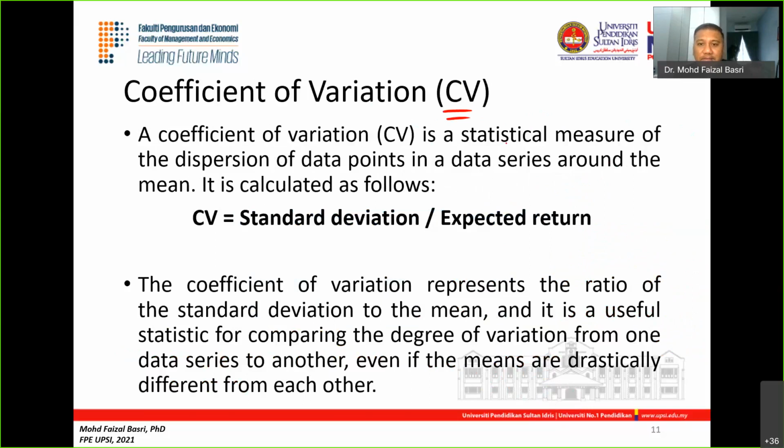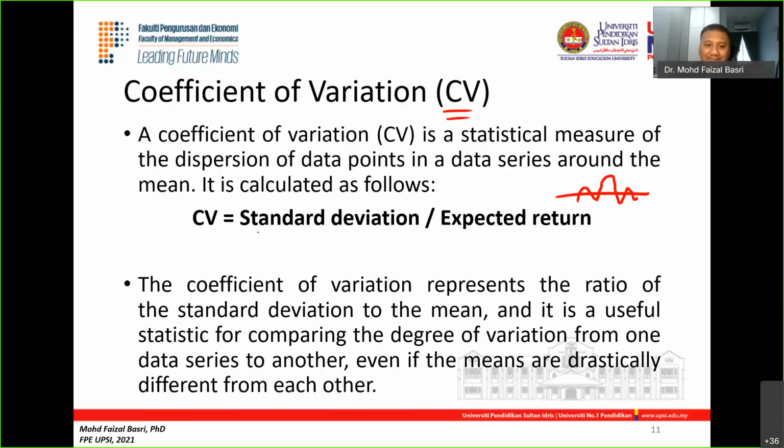This is a statistical measure of dispersion of data points in a data series.